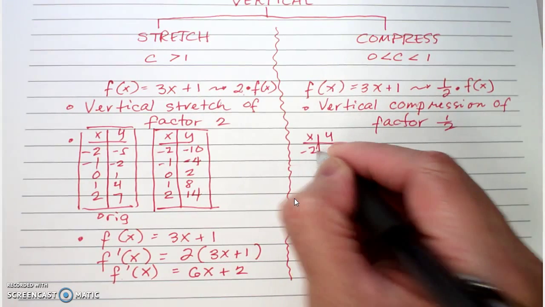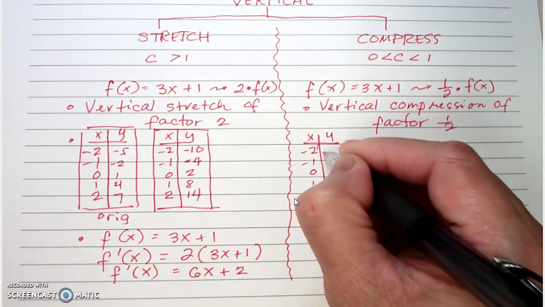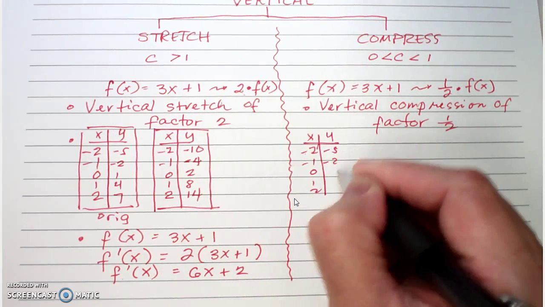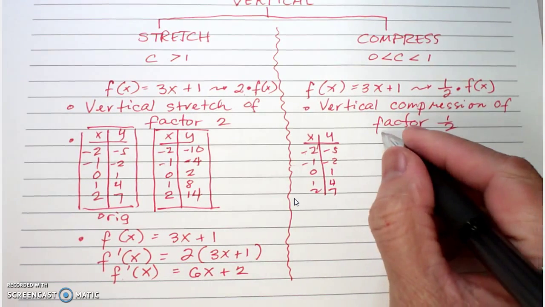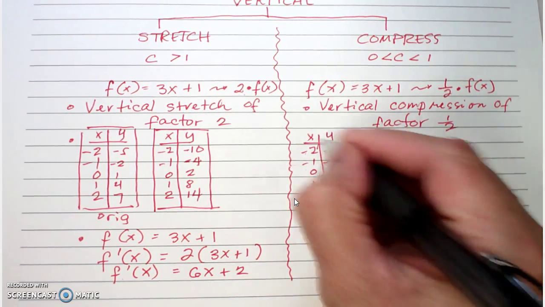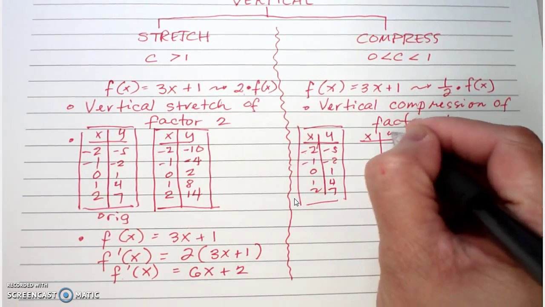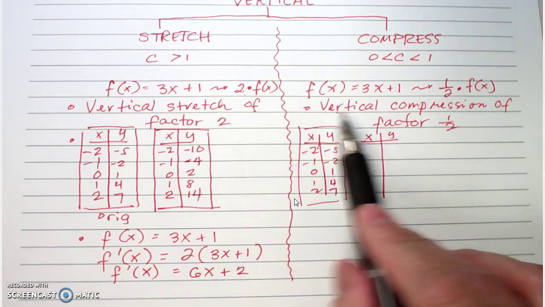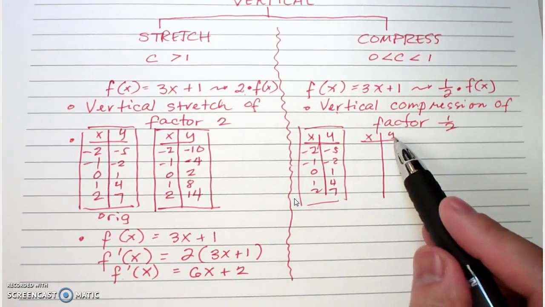Still the same domains, -2, -1, 0, 1, 2, and -5, -2, 1, 4, and 7. And then this one is your original, and then your new one will come from here. So it says vertical compression. So vertical is the one affected. It's the y values.